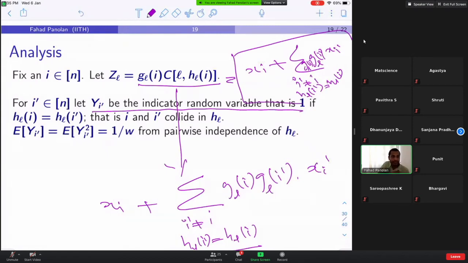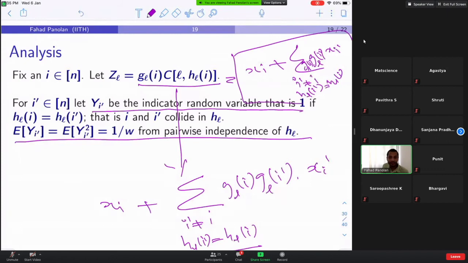And what is the probability that it goes to the same bucket? It is 1 by w, because there are w buckets. It will go to one of those buckets uniformly, right? And we are asking what is the probability that it will go to the fixed bucket to which i is mapped, and that is 1 by w. Is that fine?